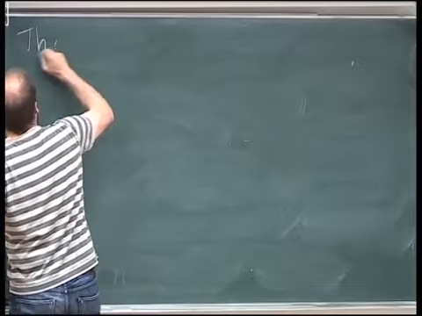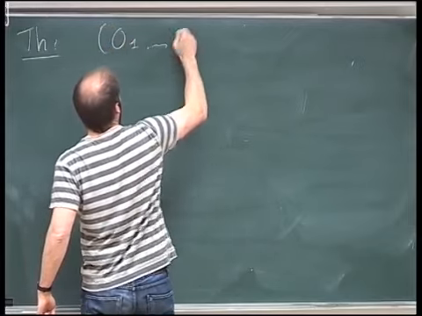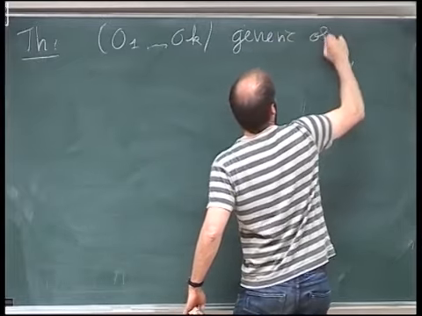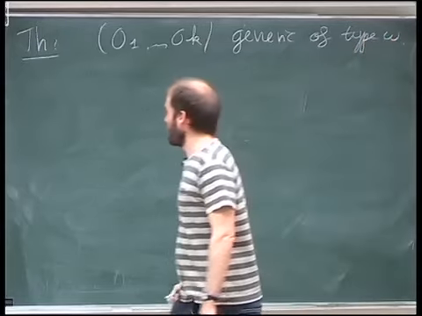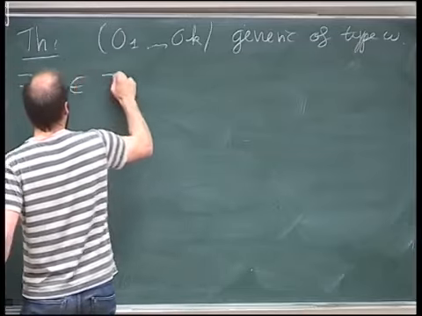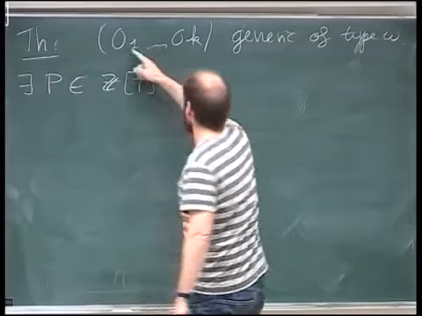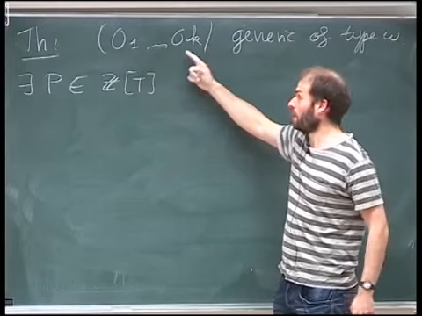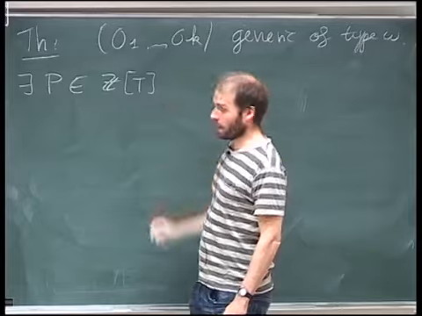So let's take, we take conjugacy classes C_1 to C_k generic of type omega. Then the theorem says that there exists a polynomial in Z[t]. In particular, the character variety, unless the conjugacy classes are semi-simple, is singular. If the conjugacy classes are semi-simple, it's smooth. But if they are not semi-simple, then it is singular.